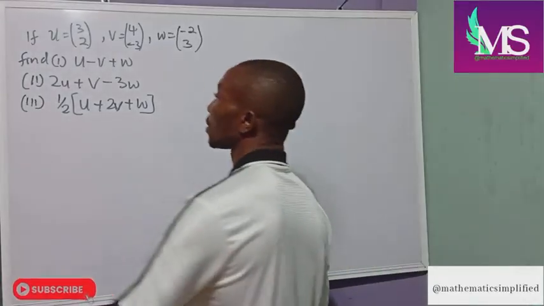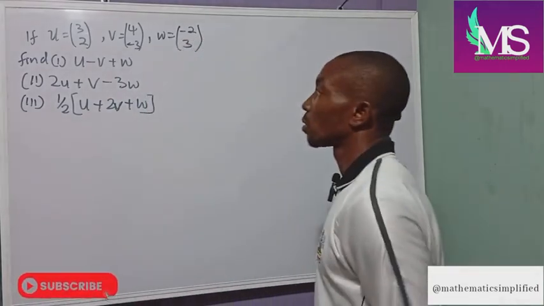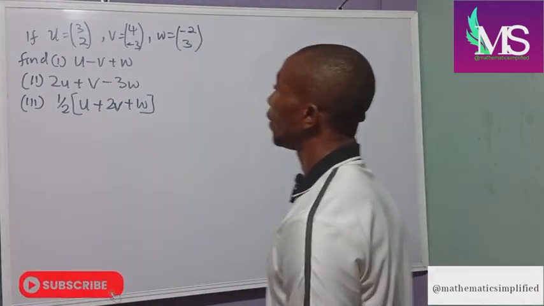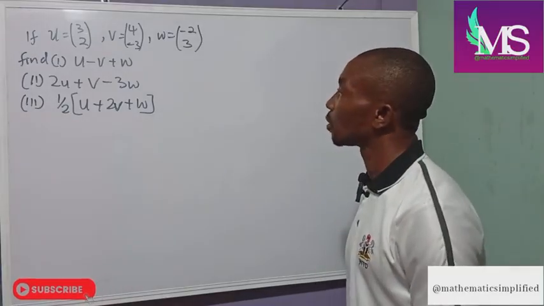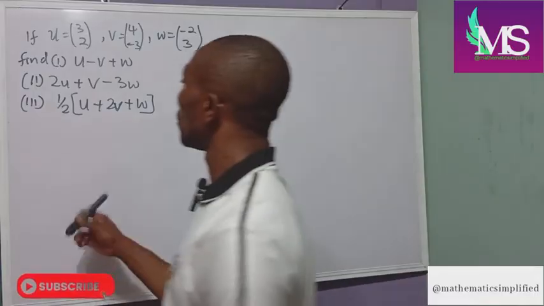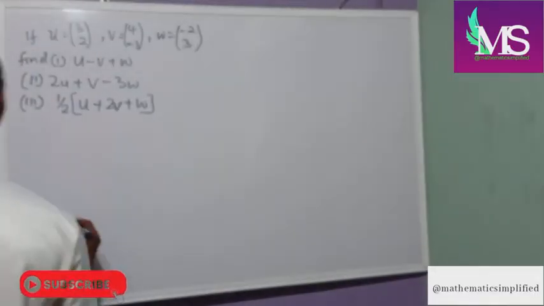Our next question says, if u equals (3, 2), v equals (4, -3), and w equals (-2, 3), find u minus v plus w.